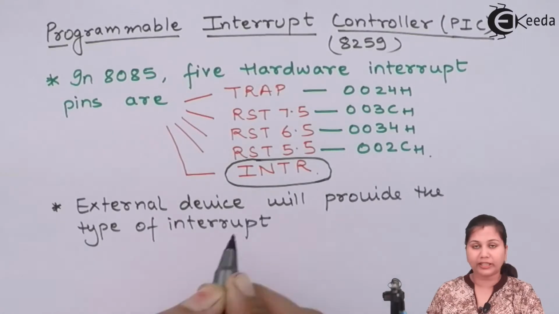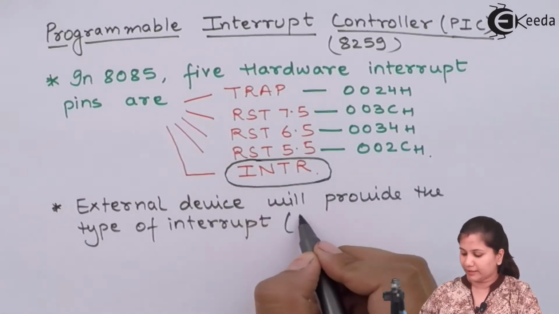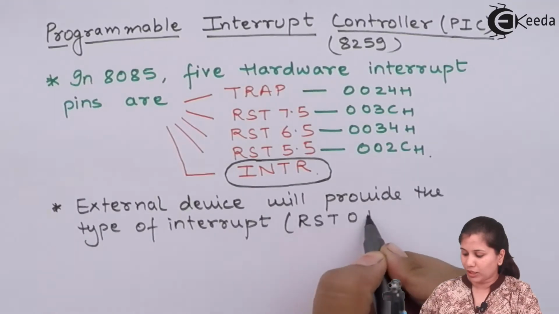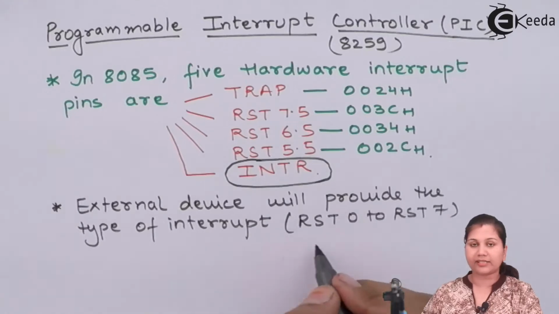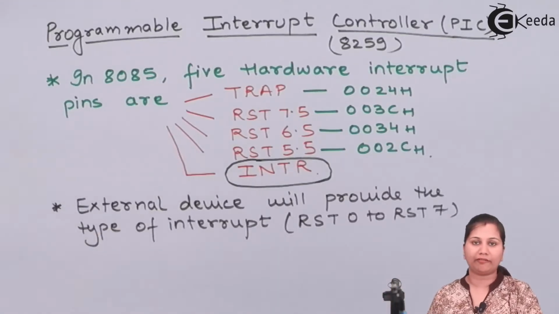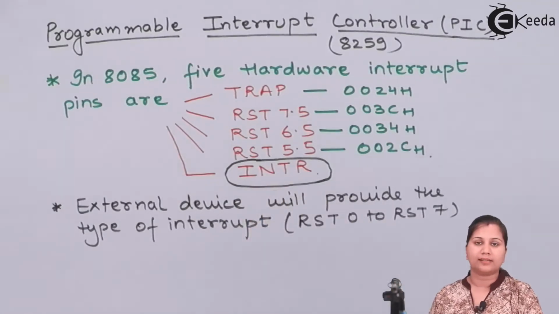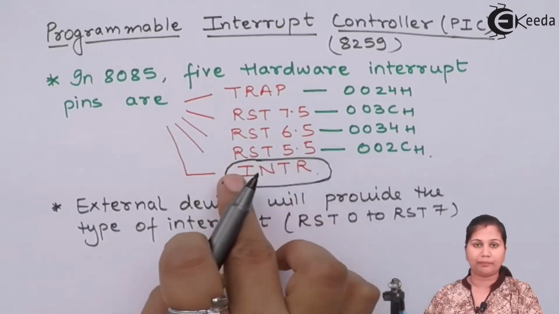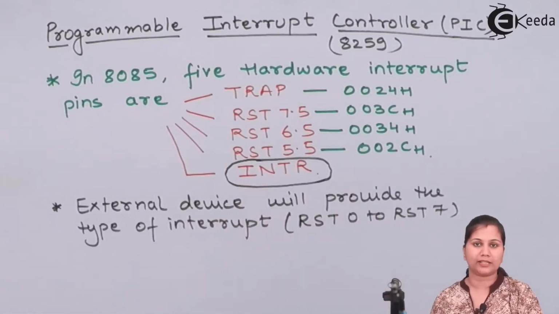The type of the interrupt related to it is from RST0 to RST7. These are the restart instructions in the 8085 microprocessor which are executed through this INTR interrupt request signal. When this interrupt is given, these instructions will be executed.